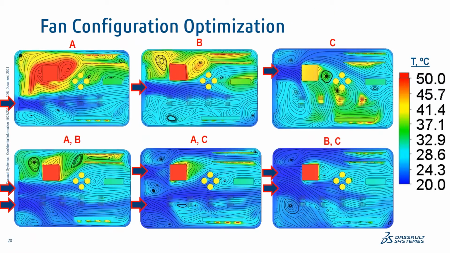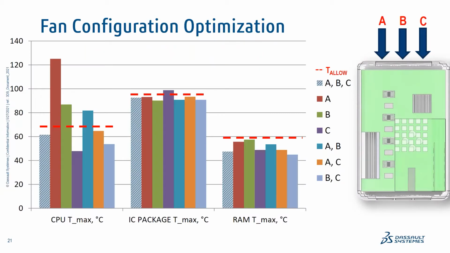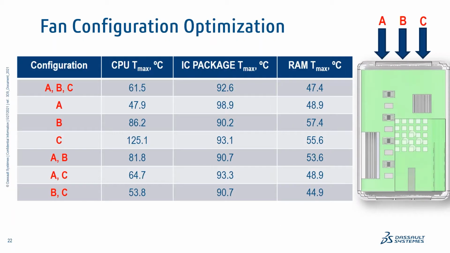Okay, then we look at the scenario of a combination of different cases: one vent located at 3 different places, 2 vents with different combinations, and comparing that to the case of 3 vents. We run everything, put all the results together, make a comparison, and we notice that some of these solutions are not acceptable.